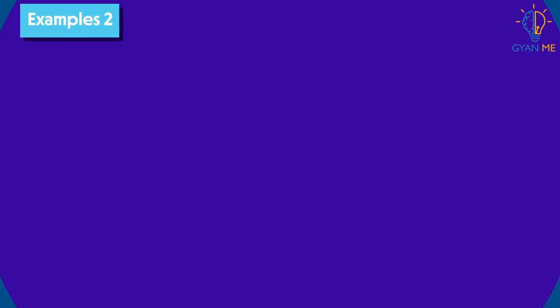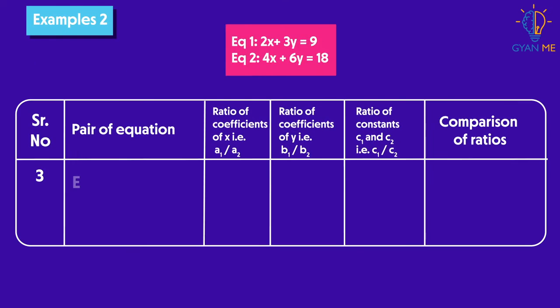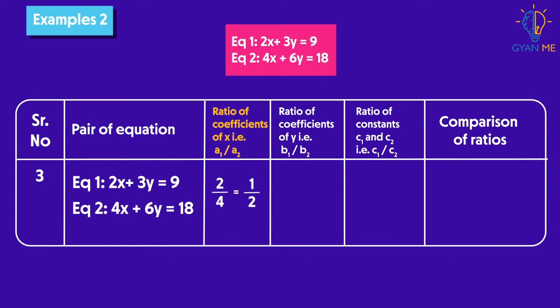Now let's see example 2. Here equation 1 is 2x plus 3y is equal to 9 and equation 2 is 4x plus 6y is equal to 18. Here also, let's take the ratio of coefficients of x, that is a1 upon a2, we get 2 upon 4, which is also equal to 1 upon 2. And ratio of coefficients of y, that is b1 upon b2, we get 3 upon 6, which is also equal to 1 upon 2.